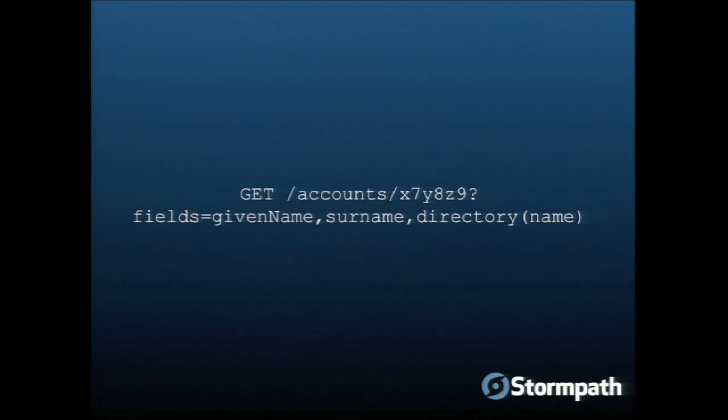And the answer is yes. It depends on your parsing rules and what kind of parsing techniques you support. But if we had an expand parameter and we specified directory and then we said fields equals X, Y, and Z, then for each directory element in that collection, it would only have those 3 properties. So again, it's up to your parsing rules and what you want to support from a performance perspective.